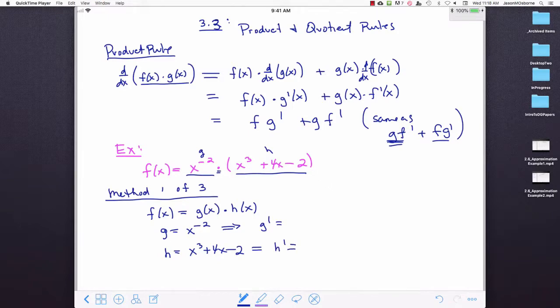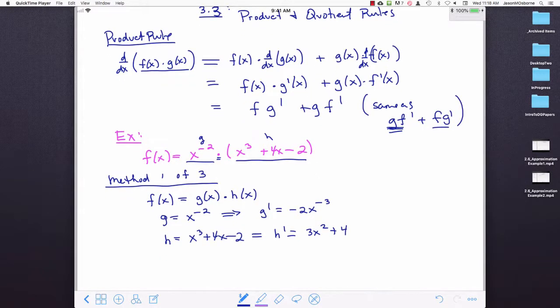Okay, the derivative of g via the power rule is negative 2x to the negative 3, and h prime is equal to 3x squared plus 4. Okay, there's g prime and h prime. So the answer, according to the product rule, f prime of x is first times the derivative of the second plus the second times the derivative of the first.